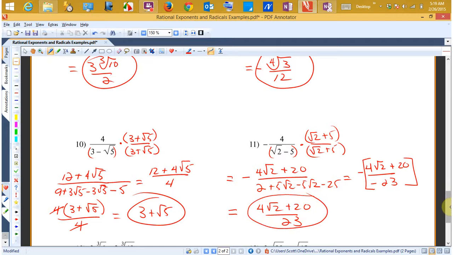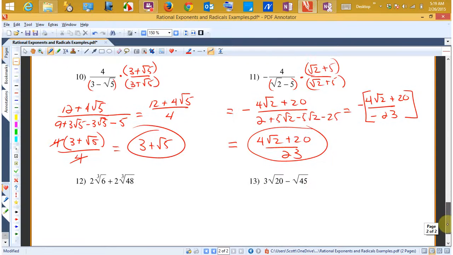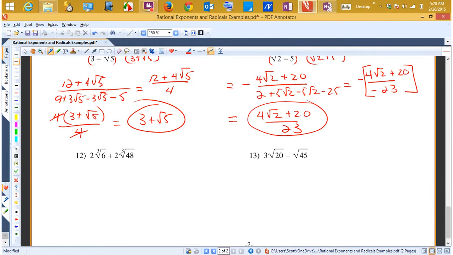Okay, let's see, and the last problem is we need to combine those radicals. Now, I can't combine those radicals unless they have the exact same power, which they do, and the same number underneath the radical. So let's go ahead and see if we can simplify those to get the same number underneath the radical. And sure enough, I can take this and make the cube root of 48.